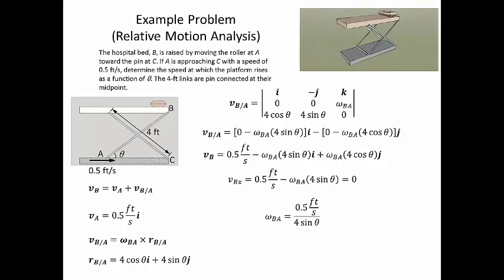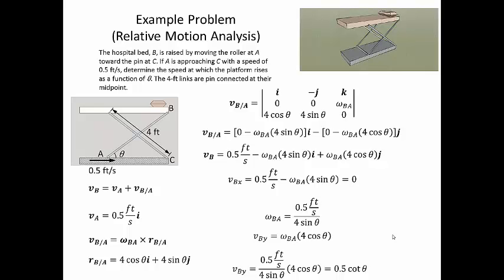We can then look at the y component of the velocity of B. So the velocity of B in the y direction is equal to our angular velocity BA times 4 cosine of theta. That's simply the j component of our velocity vector. And knowing the angular velocity for BA, we can substitute that into our equation to get that the velocity of B in the y direction is 0.5 feet per second times 4 cosine of theta divided by 4 sine of theta.